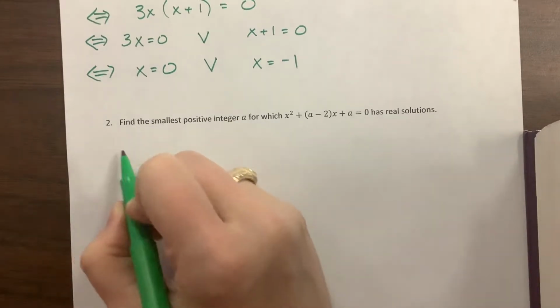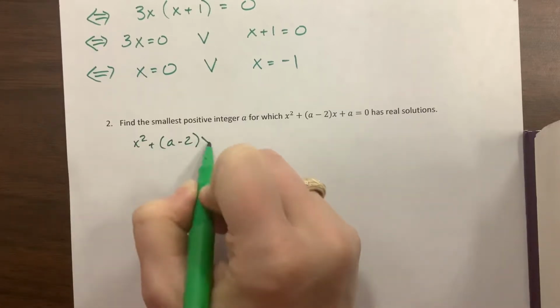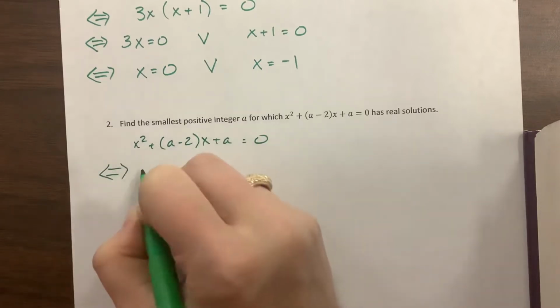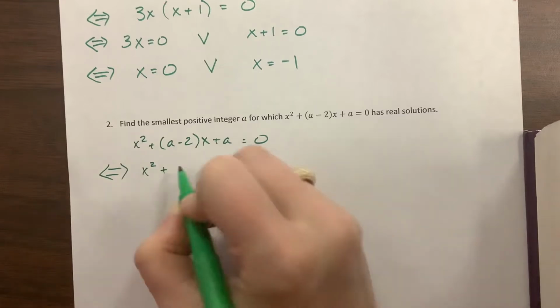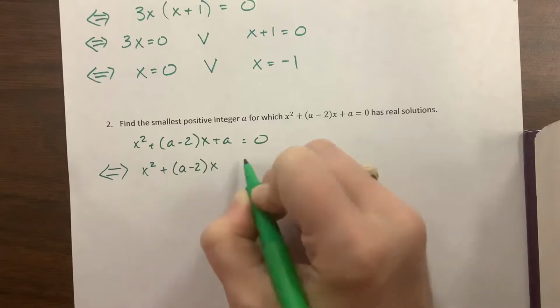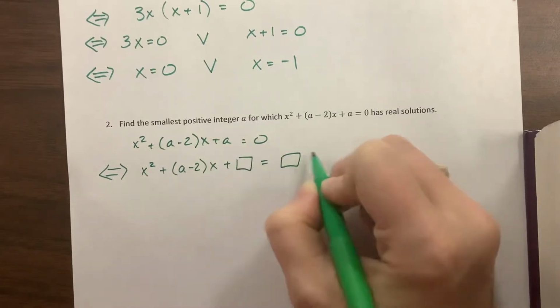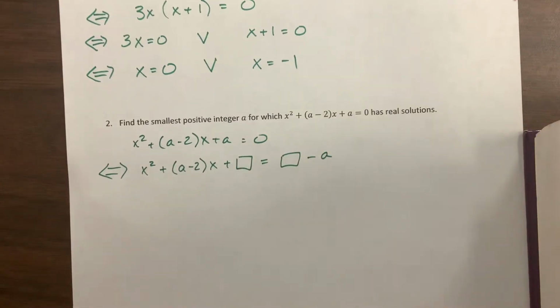So this x squared plus (a minus 2)x plus a equals 0 is equivalent to the fact that I can say x squared plus (a minus 2)x plus a box is equal to a box minus a. So I've subtracted this over, I've added a box.